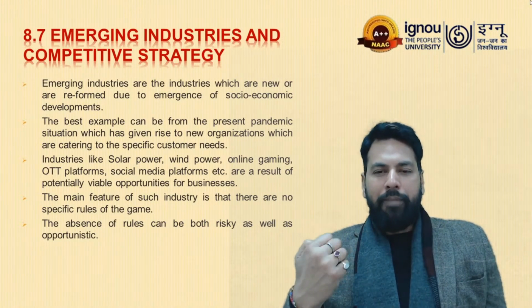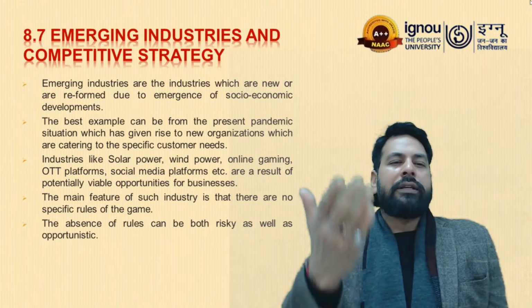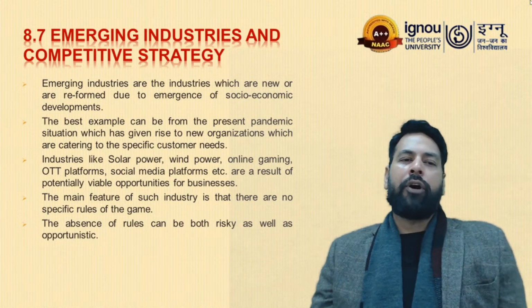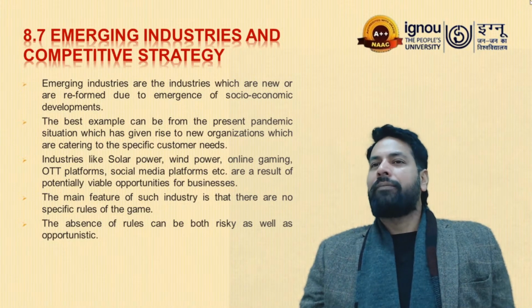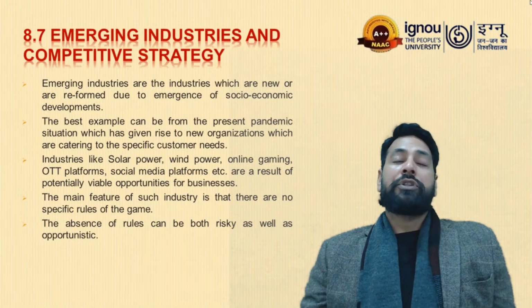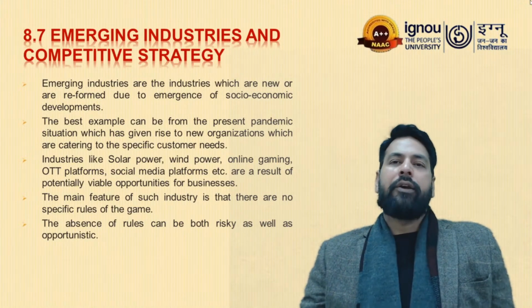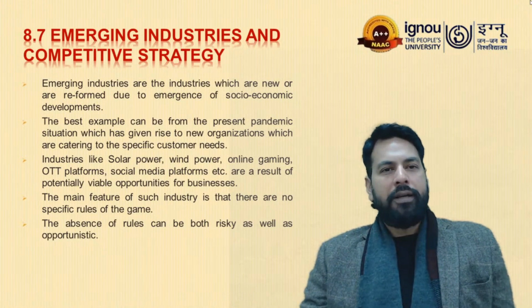They are catering to the market, they are paying their taxes, they are making their money. So if you see all these industries like solar power, wind power, online game, you name it, OTT platform, social media platforms, all these things are emerging industry, and they have got their own set of strategy, which might not be traditional. They would be a bit weird, but those weird strategies are getting their job done.